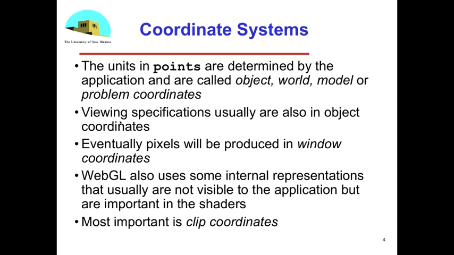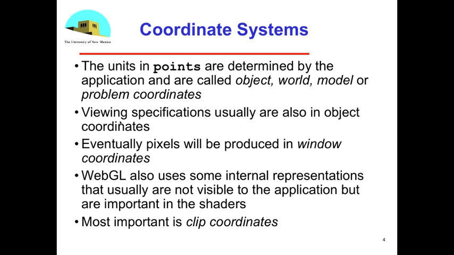Now eventually, because we're interested in what the camera sees, we're going to have to specify the camera, and that'll bring us into what's usually called eye or camera coordinates. But those specifications of the camera, as we talked about a couple of lectures ago, will be in object coordinates. Where do we position the camera? How do we orient it with respect to whatever coordinate system we're using for our objects? But eventually we're going to go into window or screen coordinates, because we do produce pixels, even though we probably won't see them directly in most applications.